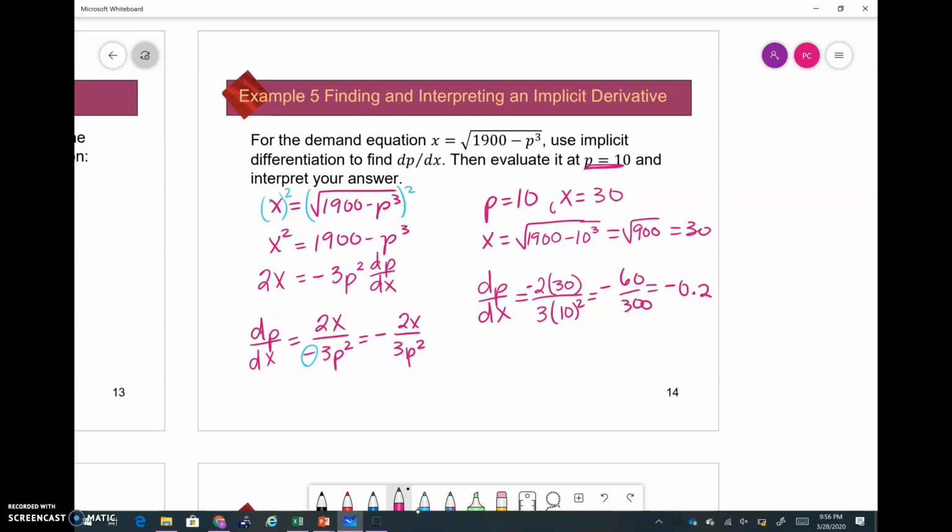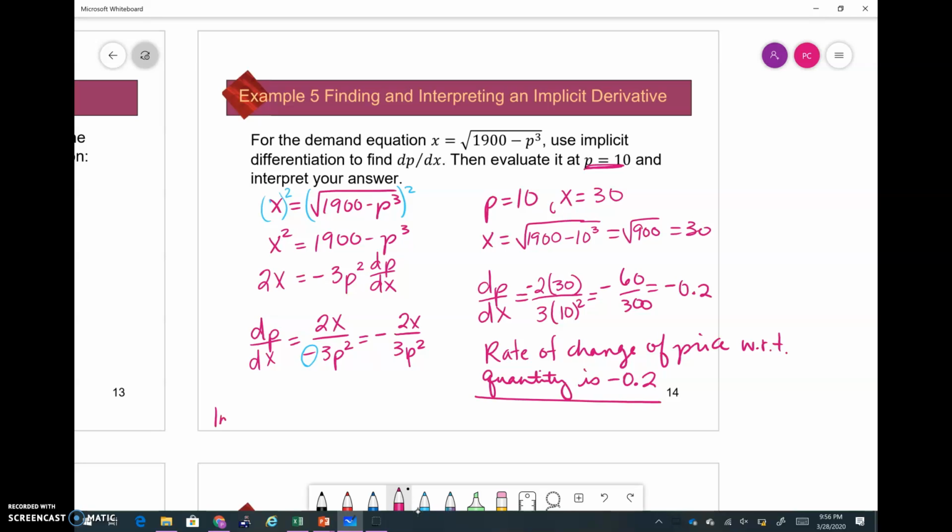So the interpretation here says that the rate of change of price with respect to quantity is negative 0.2, or that increasing the quantity by 1 decreases the price by 0.20.